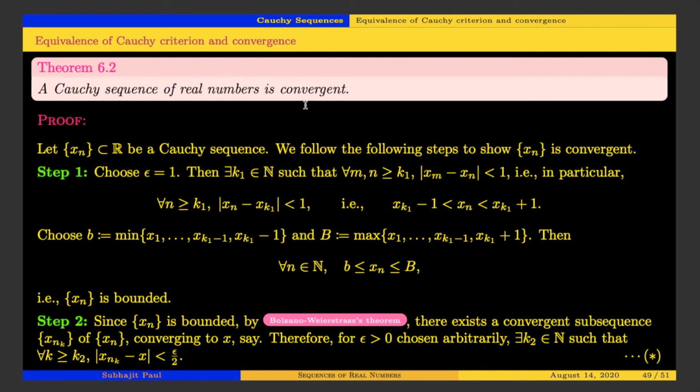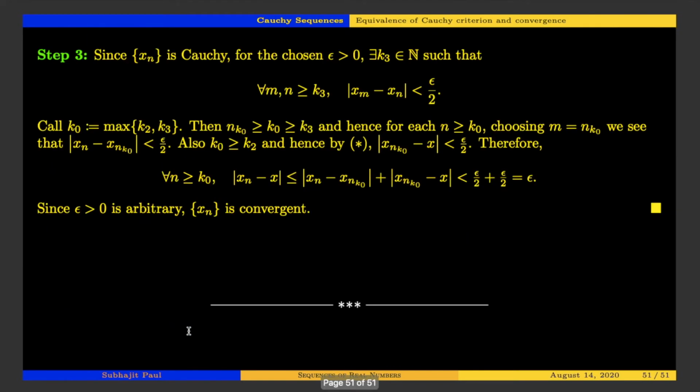How do we find that limit? In this way. We first prove this is bounded. As soon as we get bounded, Bolzano-Weierstrass says there is a convergent subsequence, so that means we have got a limit there. Then the Cauchiness of the sequence will drag the entire sequence to that limit.